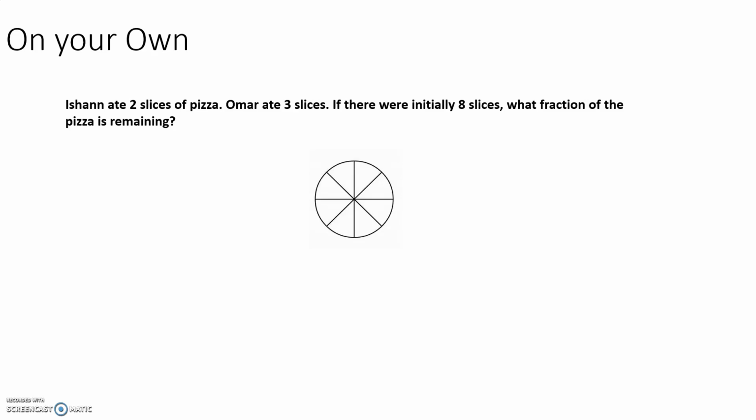So the first thing I'm going to start off with, there's a couple ways you can do it. I'm going to see first how many slices were eaten altogether. So if Ishan, we're going to use black for Ishan, ate 2/8 of the pie. So this is 2/8 eaten by Ishan.